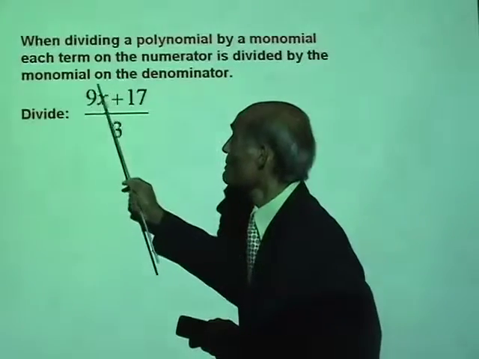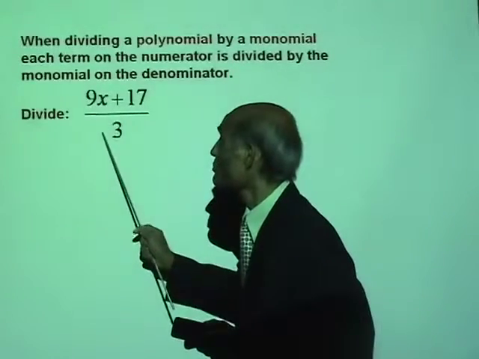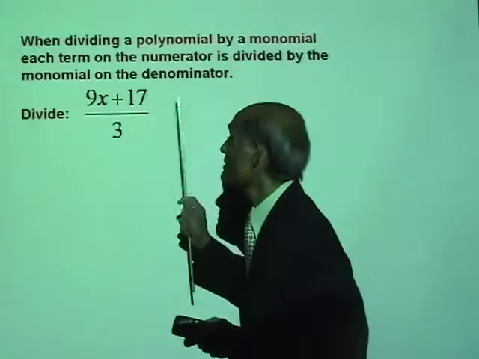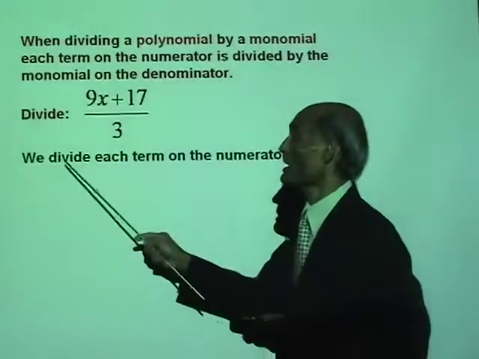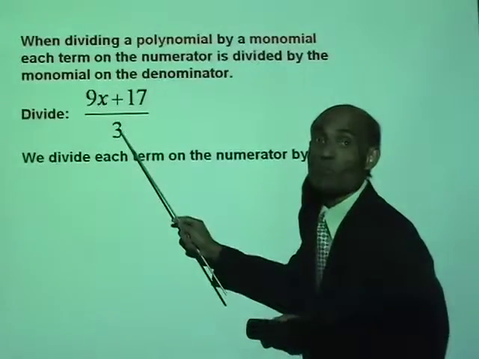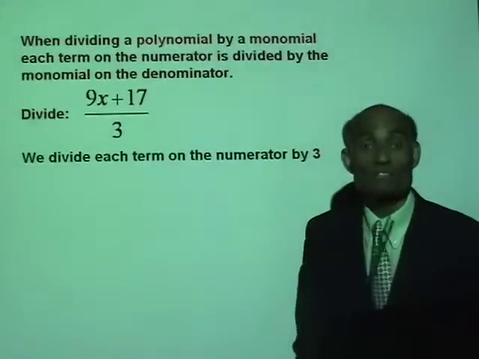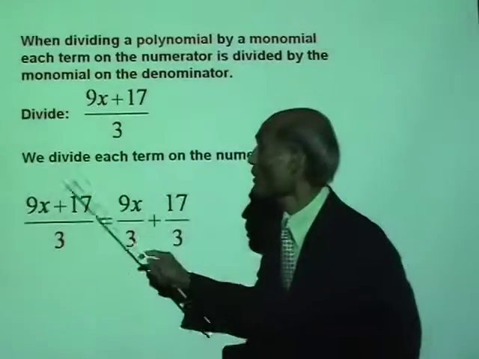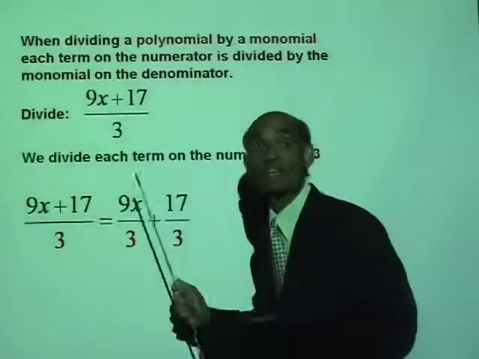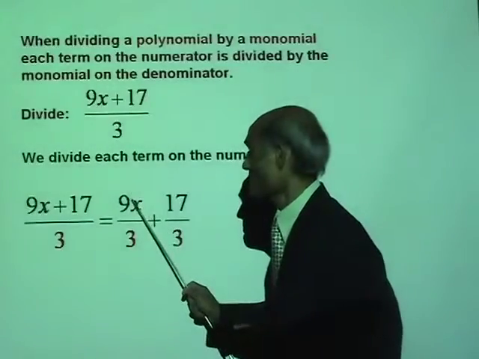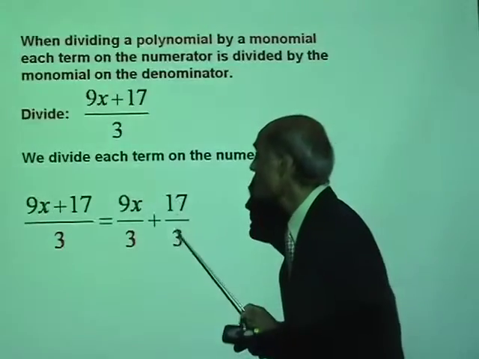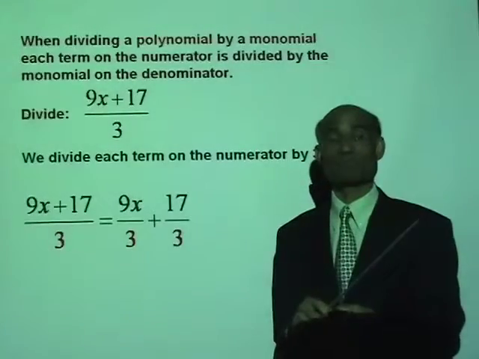In other words, divide 9x by 3 and then followed by plus, 17 is divided by 3. We divide each term on the numerator by the denominator, that is 3. Therefore, 9x plus 17 all over 3 is the same as 9x divided by 3 plus 17 divided by 3.